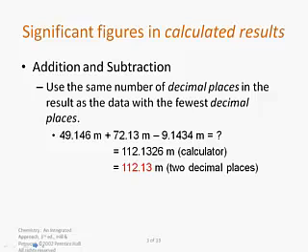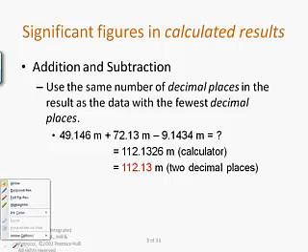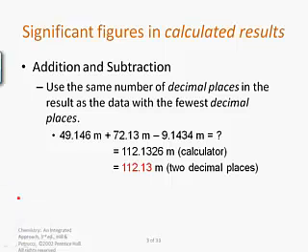The first one we're looking at is addition and subtraction. Basically, you're going to look at the input values, and in this case we look at these three values. This one right here, the 72.13, has a precision less than the precision of the other two values.